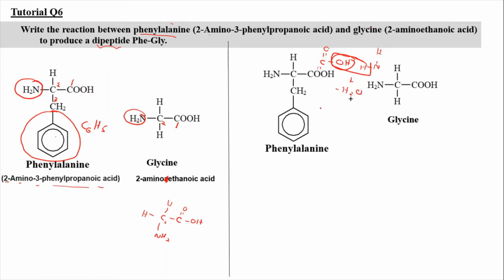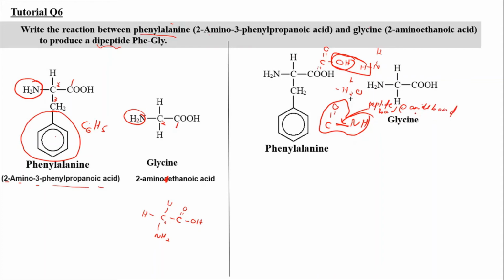Okay, and as a result, the C double bond O and the NH here are going to be bonded together in order to produce an amide functional group, an amide class of compound, and then the single bond here is going to form a peptide bond, or known as the amide bond.